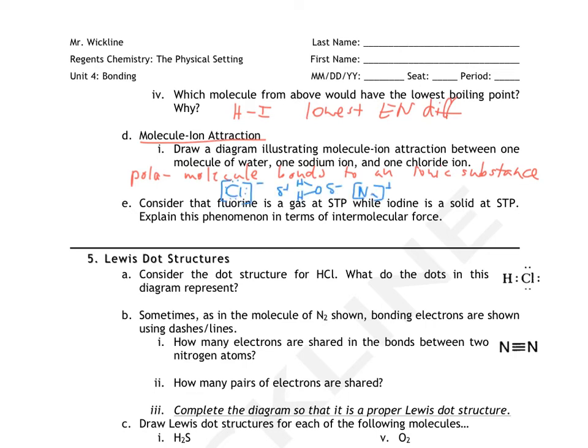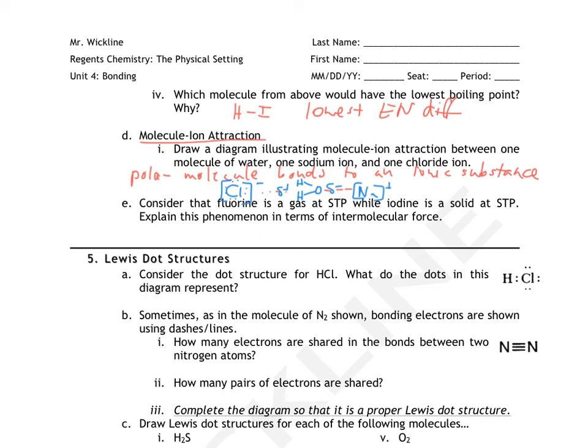So the areas that would experience attraction are in my red dotted lines, and they are happening between the negative ion and the slight positive pole of the water, and the positive ion and the slight negative pole of the water.